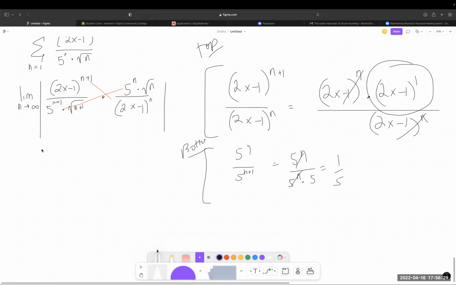And that actually seems like all we can do for simplification. So on the top, we have that 2x minus 1. On the bottom, we have 5.